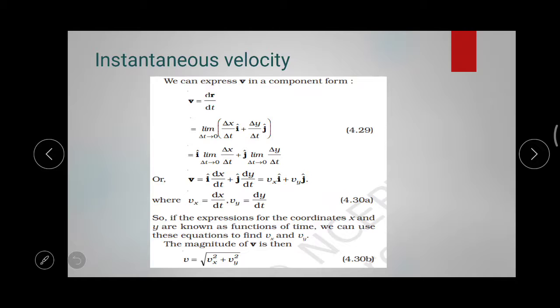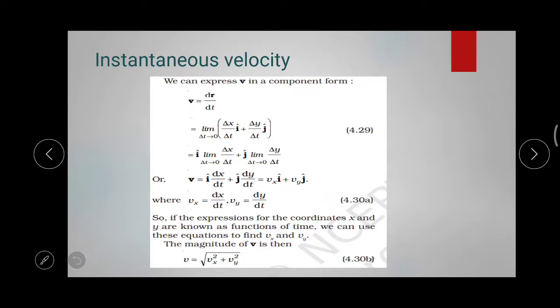As we have already studied, in the motion of a body in a straight line, the instantaneous velocity is the velocity at a particular time, or the velocity at an instant, where the time interval is negligible, or limited to 0.